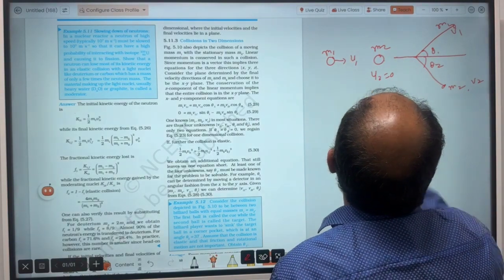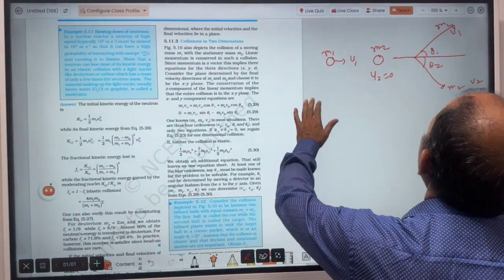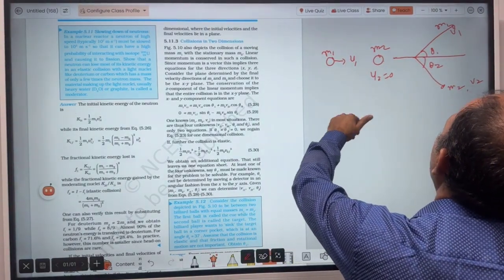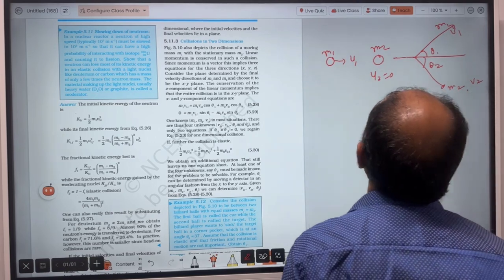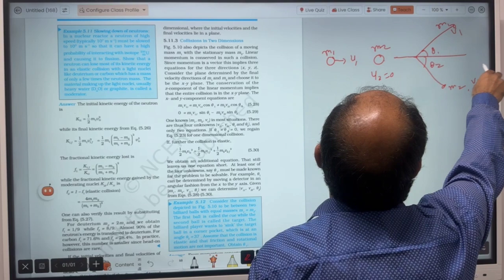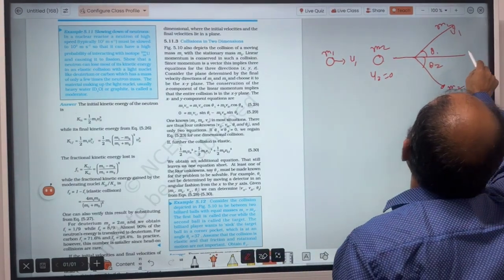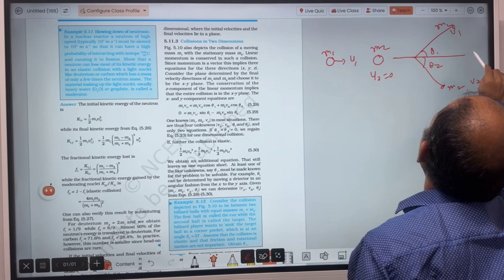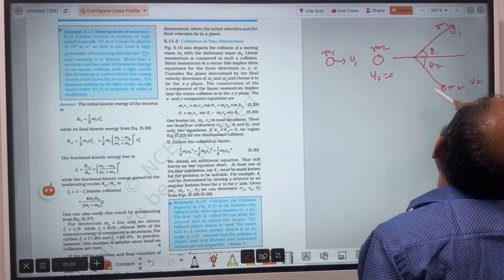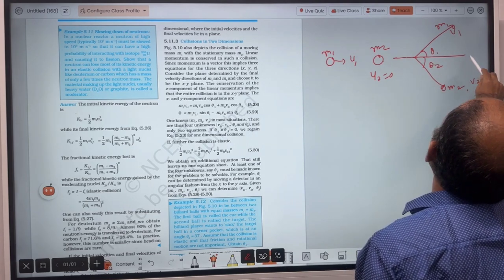So what do we get if we apply conservation of momentum? We can say along the x-axis momentum remains constant, and along the y-axis momentum remains constant, because here we are considering a 2-dimensional situation. So along the x-axis we have to take components of momentum. For this it will be m1 v1 cos theta 1, and for this it will be m2 v2 cos theta 2.